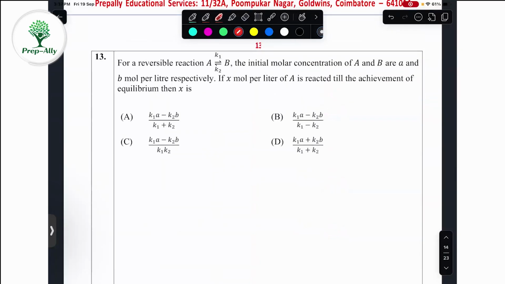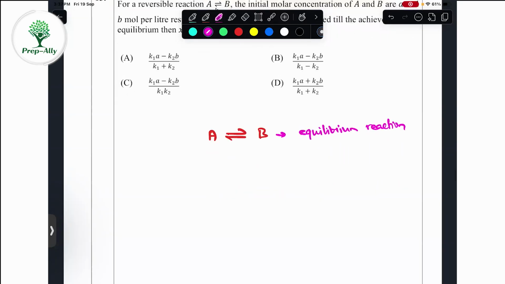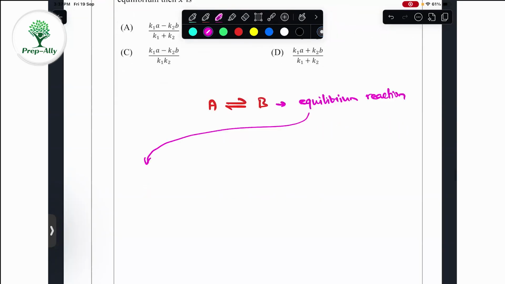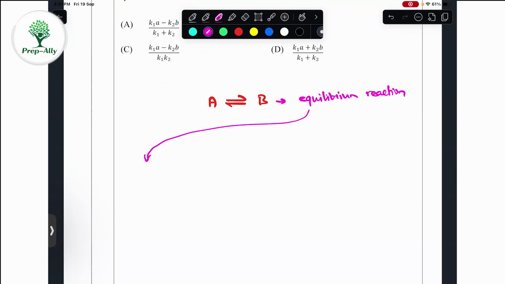Okay, this is a very good question. For a reversible reaction, so what is a reversible reaction? It is a reaction which is going forward and also going backward, which means I can say this is an equilibrium reaction. So at equilibrium, what will happen?